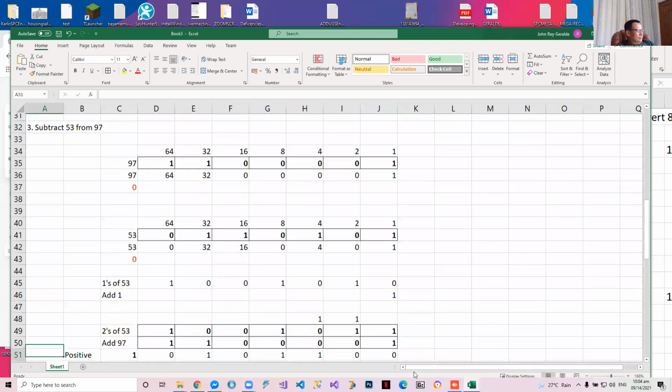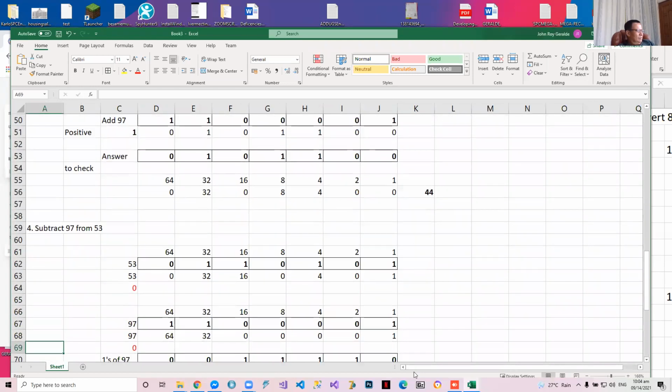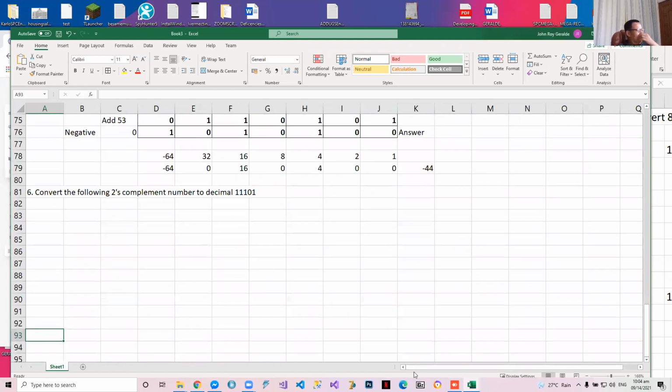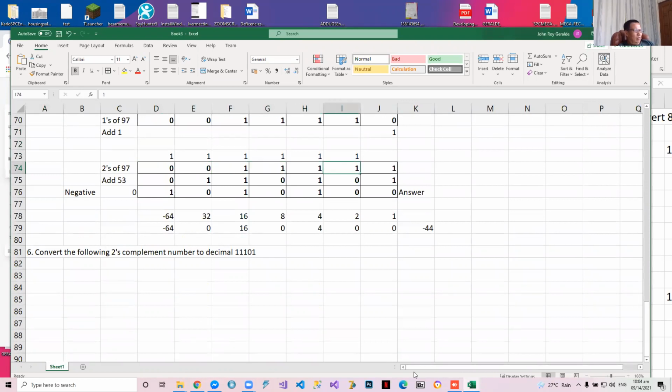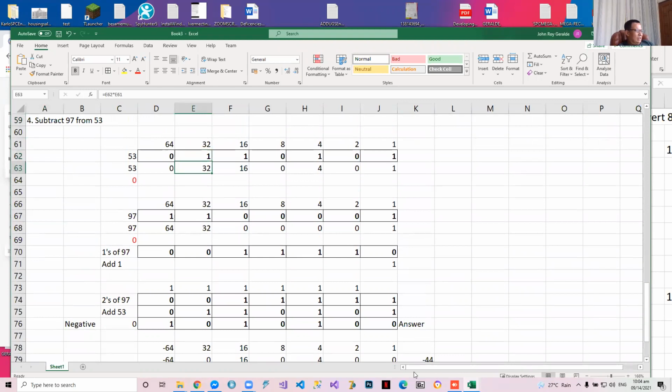Convert the following number to decimal. 11101. So 5. Is 64 enough? 1, 2, 3, 4, 5. So 32 is enough. Okay? So we only go up to 32.